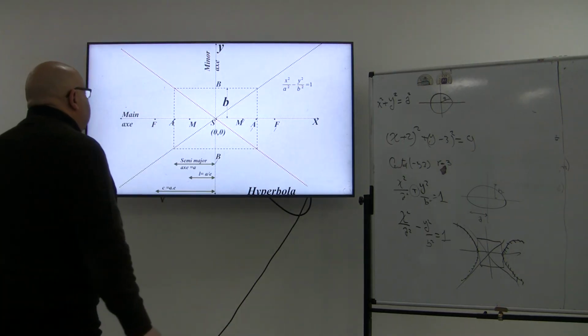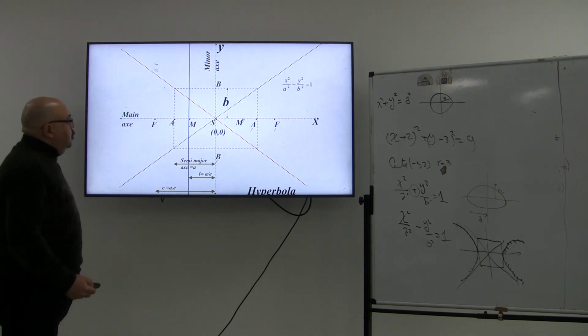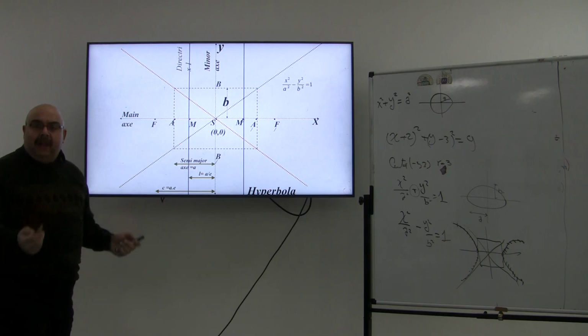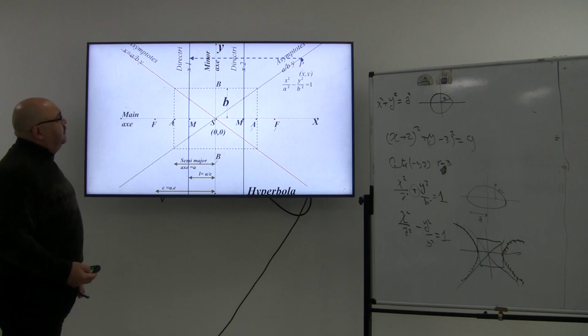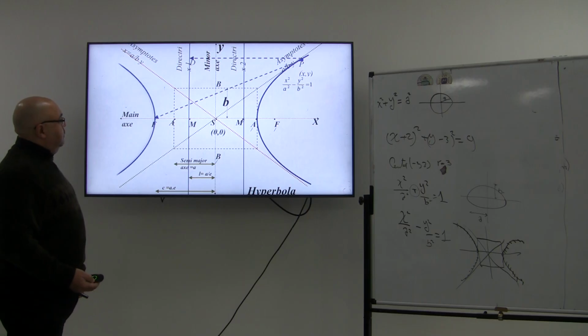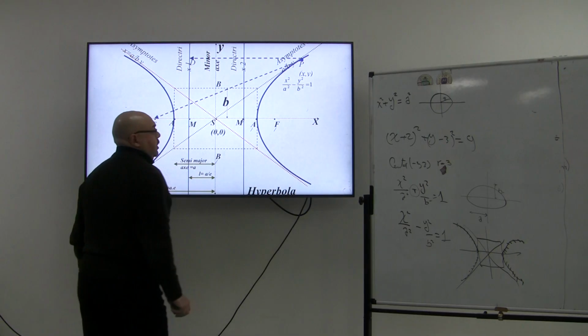So that's, as I told you, those are the distances. We already have them. Those are the directrixes. All of this are lines to help you. And then, as you will see, those are the asymptotes. And finally, you will have your guy here, which is the hyperbola. Those are the two parts of the hyperbola.